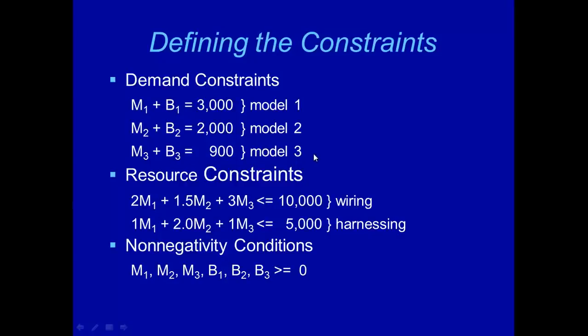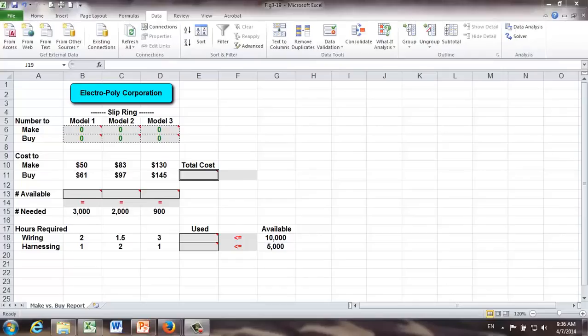I'm going to show you how to solve this model in Excel using Solver. Here's my Excel spreadsheet. I've already prepared some basic information. Let's take a look. For example, here are our decision variables. Number of Model 1 rings to make, number of Model 1 rings to buy, and so on and so forth. These 6 decision variables are in cell B6 all the way to D7 in my spreadsheet.